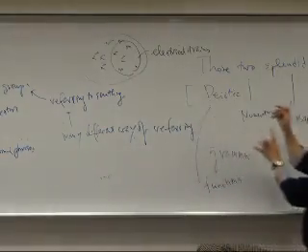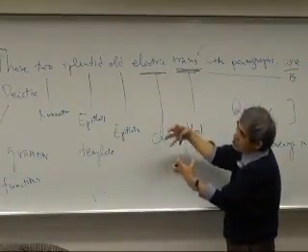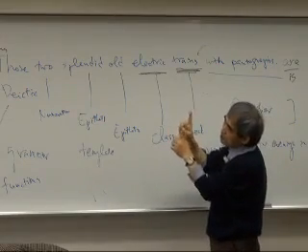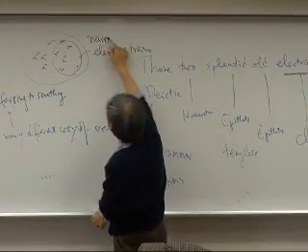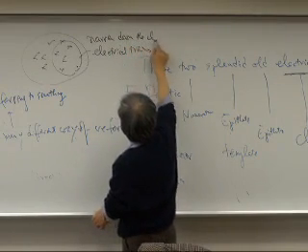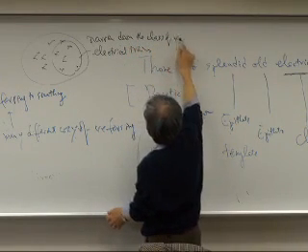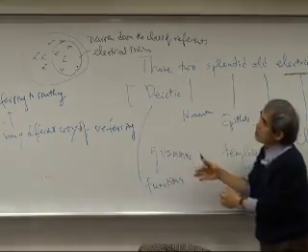Classifiers serve to narrow down the class of reference. So this process narrows down the class of reference, and we have fewer members.